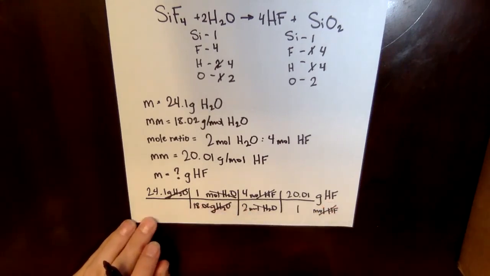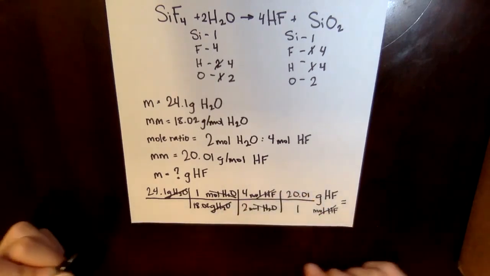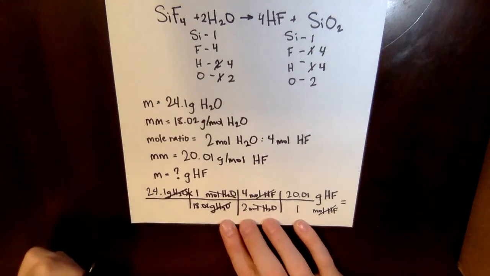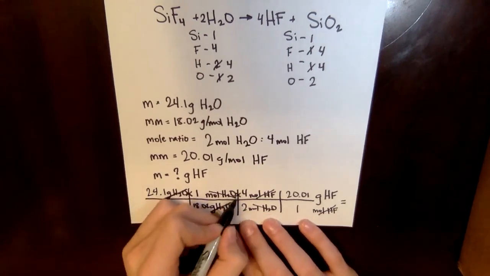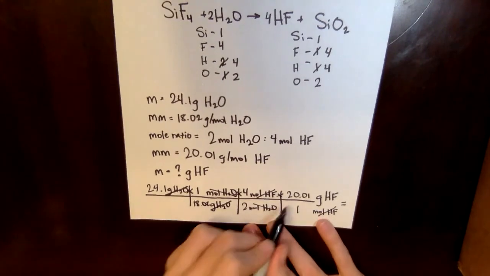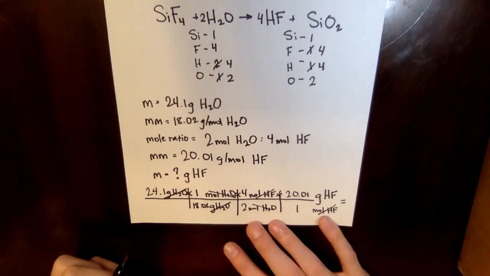All the other ones have been canceled out, which is what I want. So in order to figure out what all that equals, I need to multiply 24.1 times 1 times 4 times 20.01 divided by 18.02 and divided by 2.